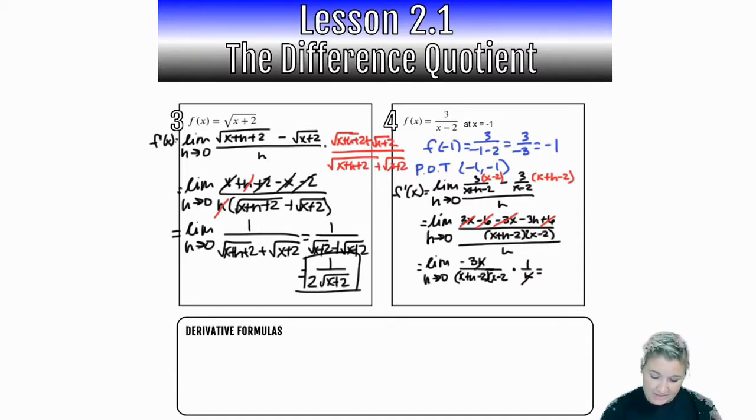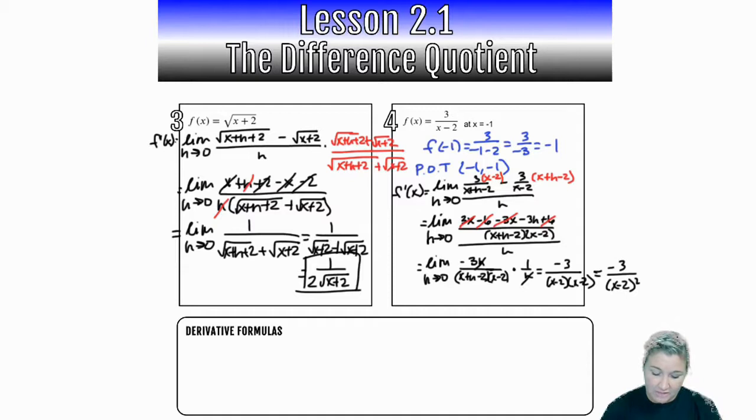And when I plug in 0, this denominator becomes negative 3 over x minus 2 times x minus 2, which is negative 3 over x minus 2 squared. This is multiplied by itself. So here's the derivative.